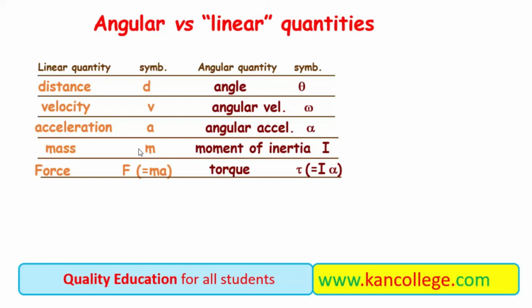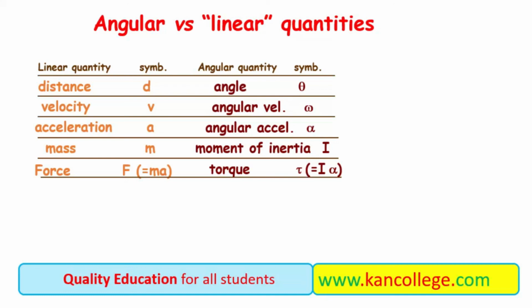As mass represents a quantity of inertia, similarly, in circular motion, the inertia will be represented not only by mass, but it also depends upon the radius. So, moment of inertia, or the product of mass and radius square, represents the inertia. Similarly, in linear motion, the moving agent is the force, but in circular motion, torque is the moving or turning agent.